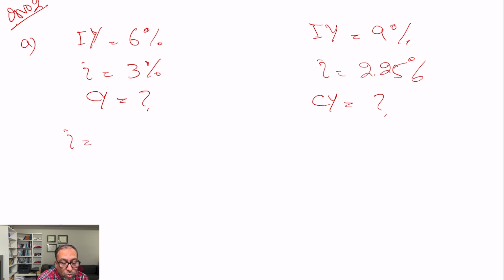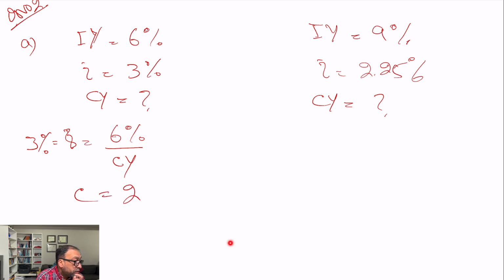I is equal to IY, which is 6%, over CY. So we know that I is 3%, so CY is equal to 2. It's semi-annually, because CY is 2, so we can say it's compounded semi-annually.